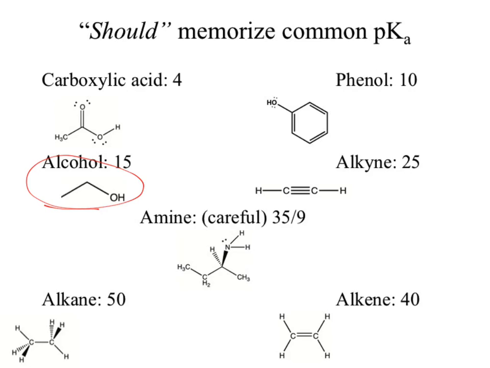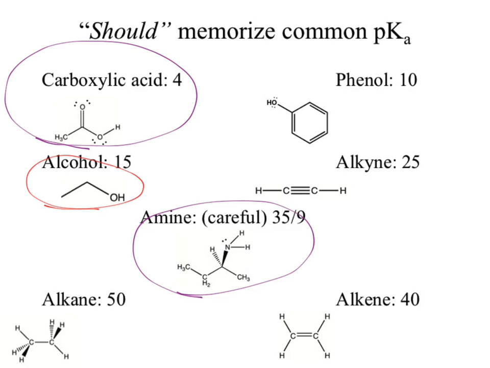Alcohols are a pretty big one to remember. Proteins are made up of amino acids. You mean carboxylic acids? Yes. And you mean amines? Yes. Those you need to know.